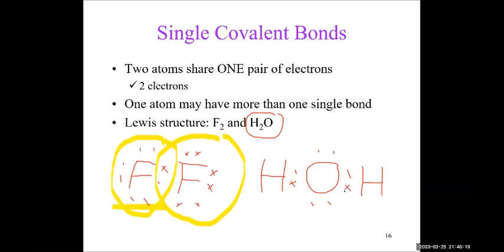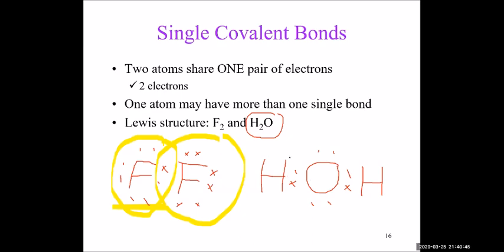So when water forms bonding, the oxygen has 6 valence electrons and is not stable because it's not 8. And how does the oxygen become 8? They share 2 electrons, 1 from each hydrogen. So this hydrogen shares its electron here, and the other hydrogen shares another one. So together, oxygen will have 8.